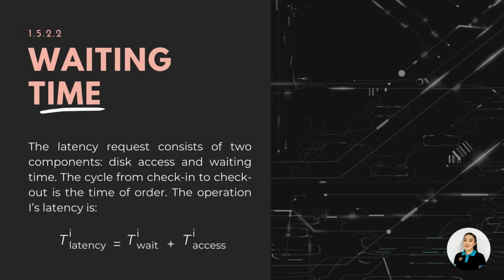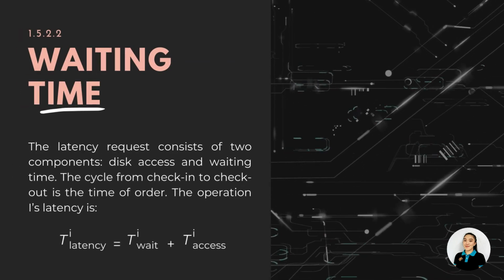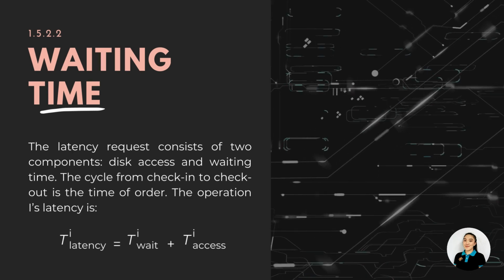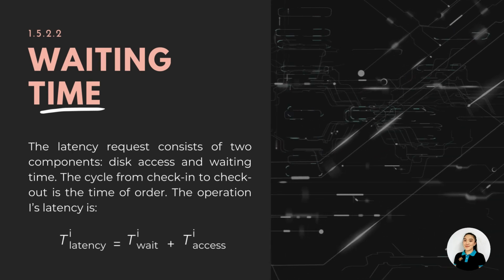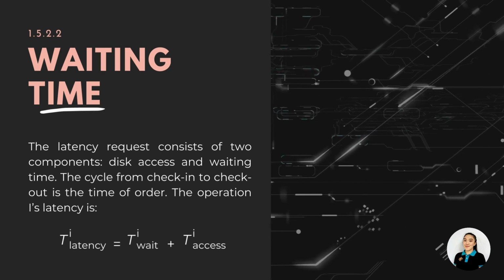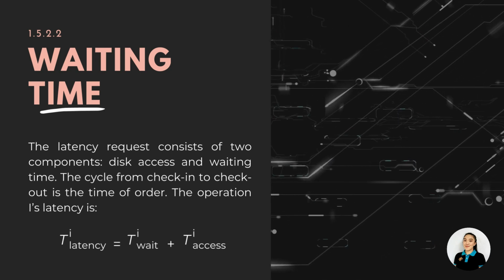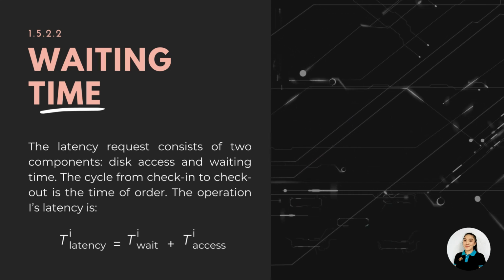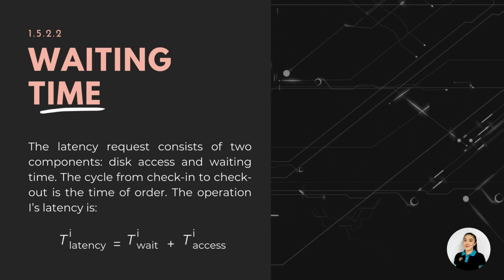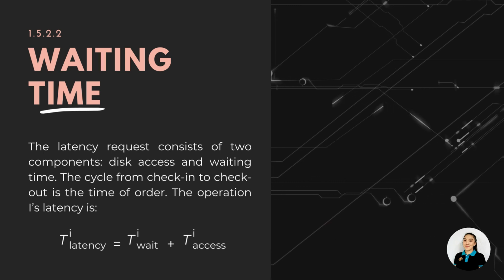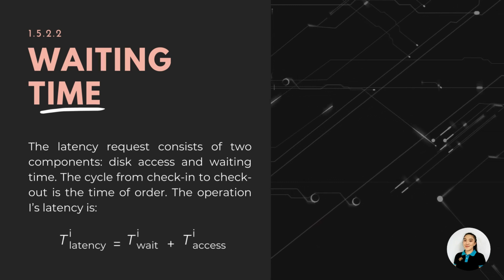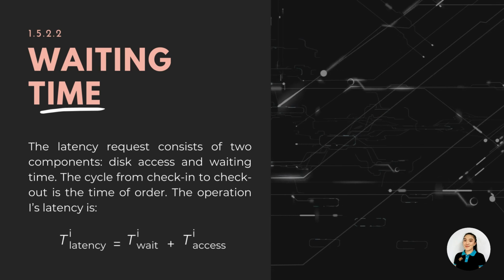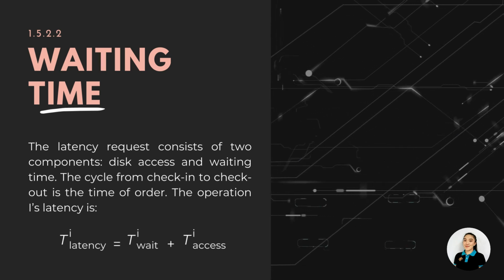Next is waiting time. The latency request consists of two components, disk access and waiting time. The cycle from check-in to check-out is the time of order. The operation's latency T latency is equal to T wait plus T access. So latency is what we call delay, which defines how long it takes for a message to reach its destination.